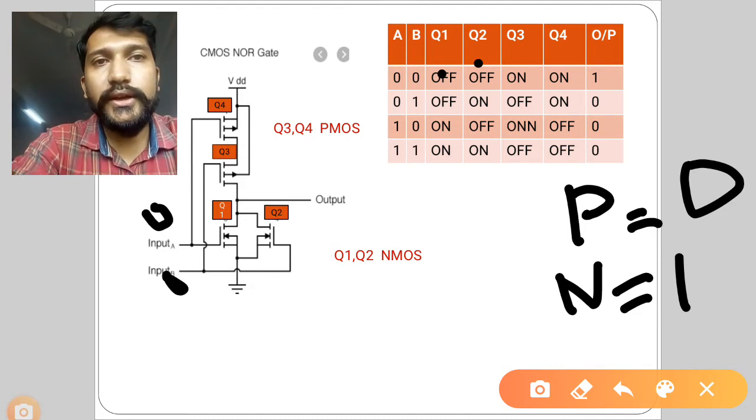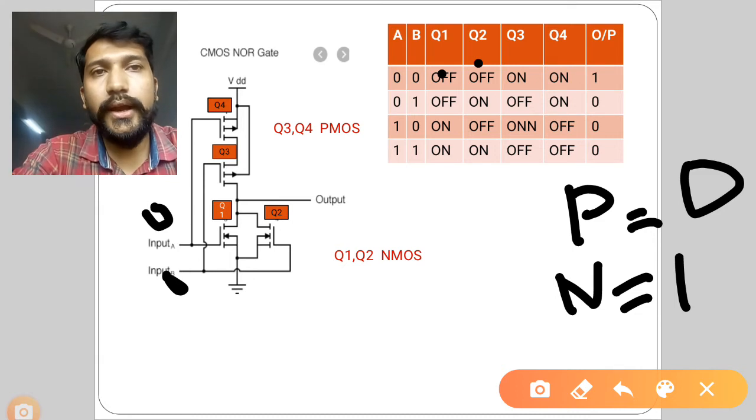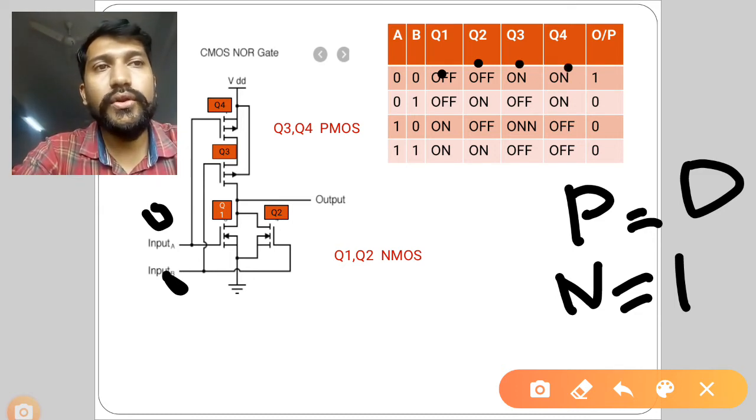The same 0 and 0 move upward to Q3 and Q4. So Q3 and Q4 get 0 0, so obviously they will become on. With the operation of a NOR gate, when both inputs are high, its output will be 0. When the inputs are 1 and 0, that is any one of the inputs is high, the output will also be low. But when both the inputs are low, my output will be high. So this is my first condition.